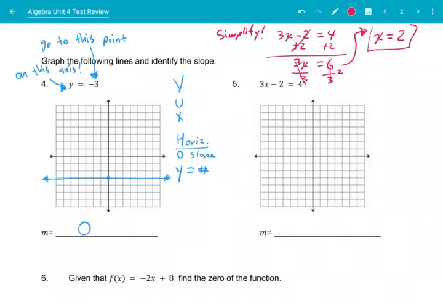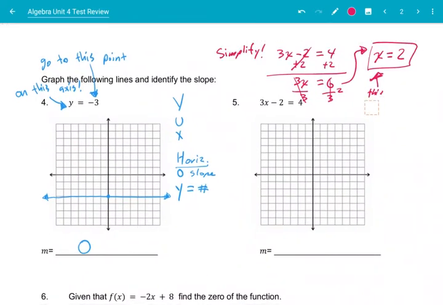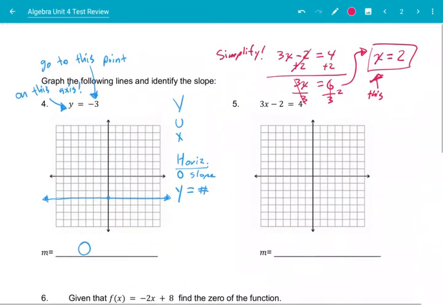Now this is really just x equals 2. So I'm going to go to this axis at this point, the x-axis at 2.